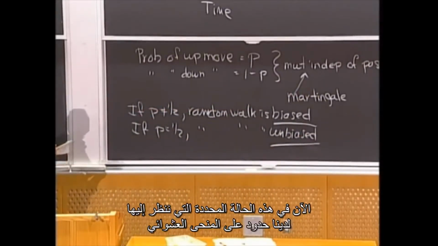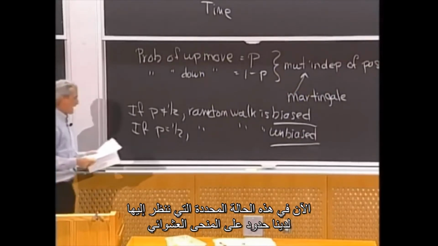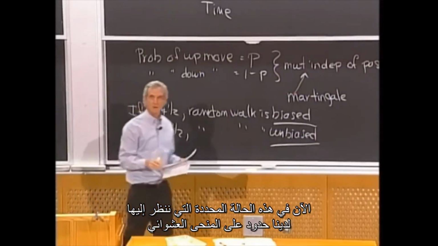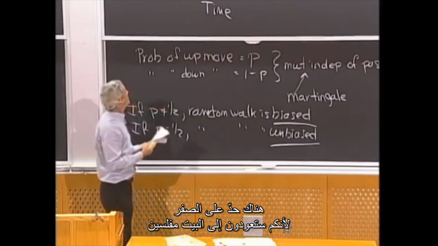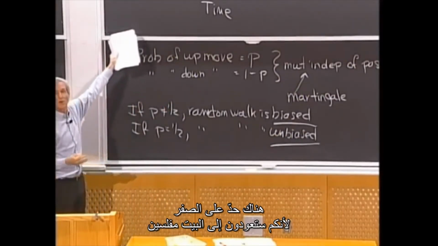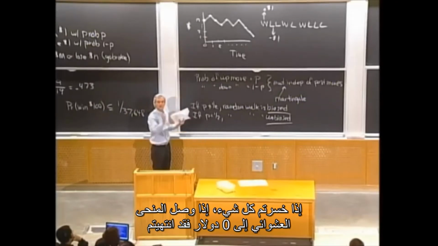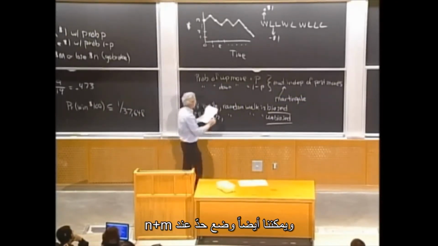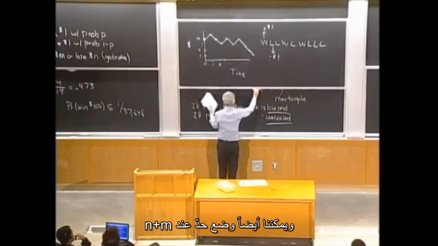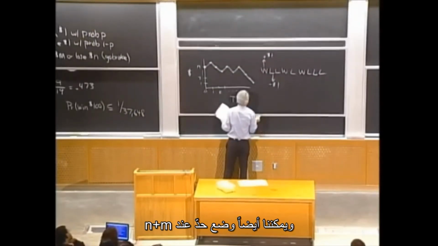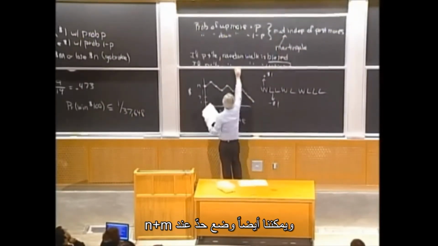Now, in this particular case that we're looking at, we have boundaries on the random walk. There's a boundary at 0 because you go home broke if you lost everything. If the random walk ever hits $0, you're done. And we're also going to put a boundary at n plus m.